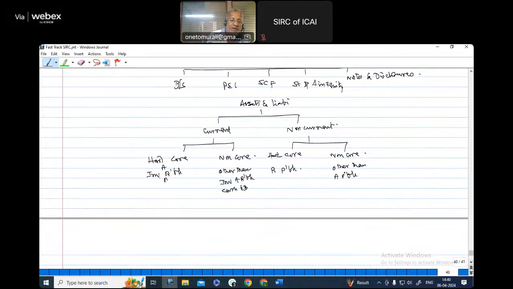Even in the case of hardcore, we will classify them into 2 categories: financial and non-financial.